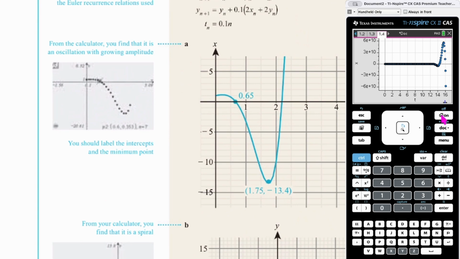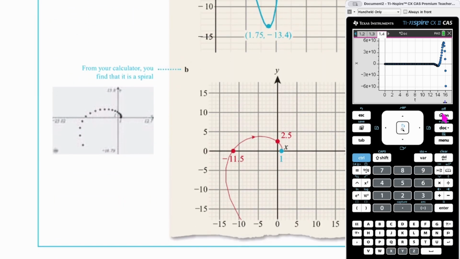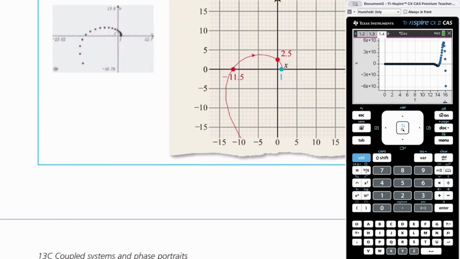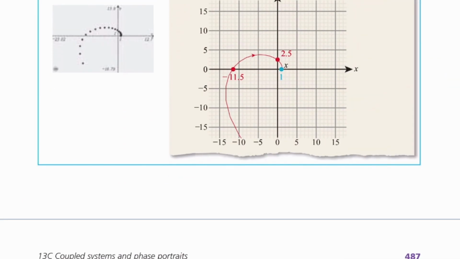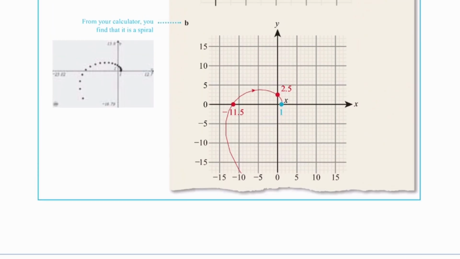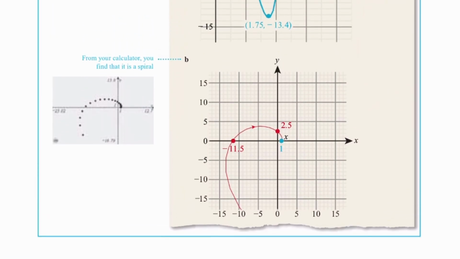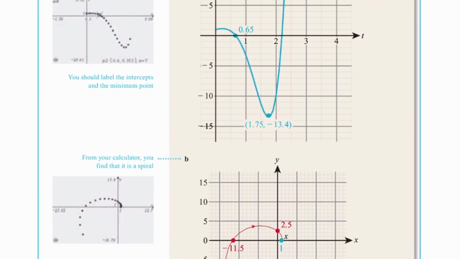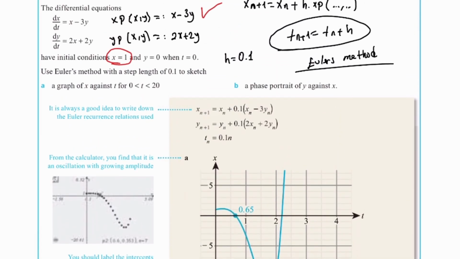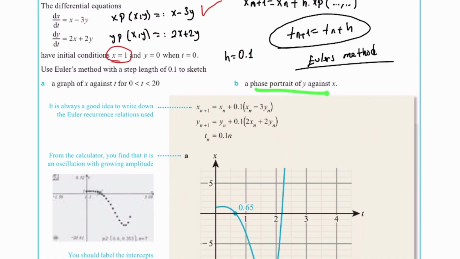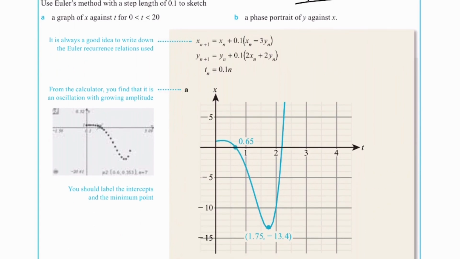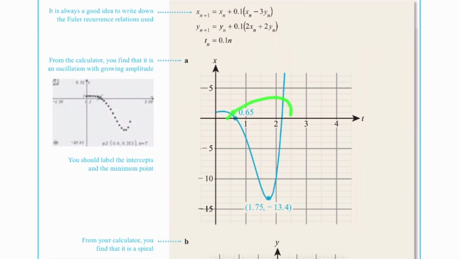And now this is the phase portrait with technology, guys. Now this is a graph against t. Phase portrait y against t. And it goes like that. This is y. I think they made a mistake, guys, because look, here this should be y.